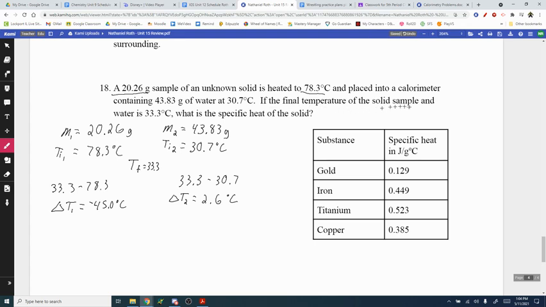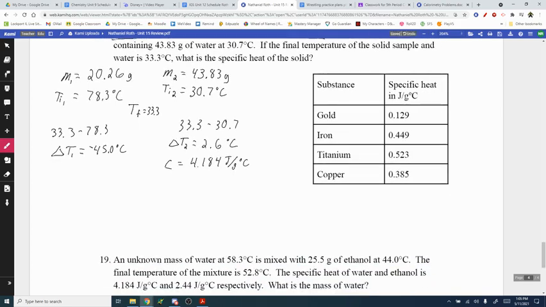What is the specific heat of the solid? Now, the other thing is, it doesn't give us the specific heat of the water, but we know that the specific heat of water is 4.184 joules per gram degrees Celsius.